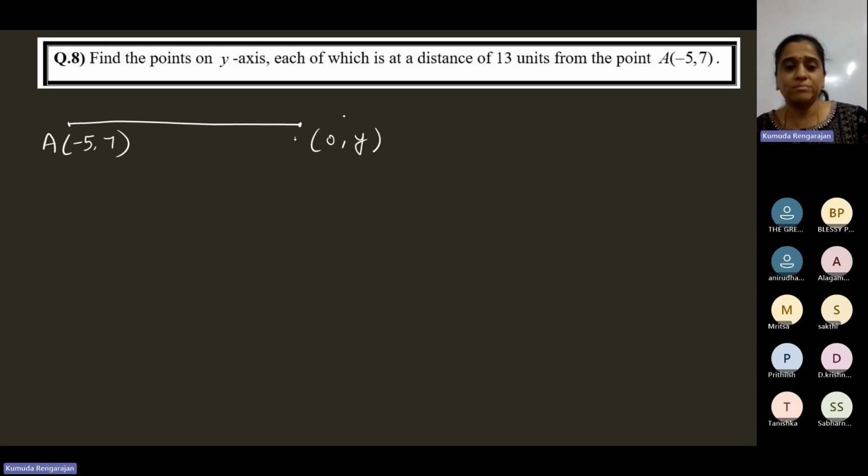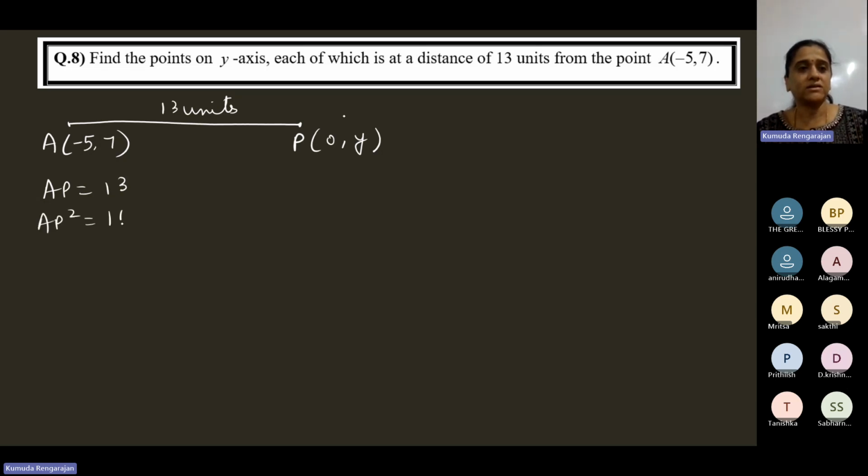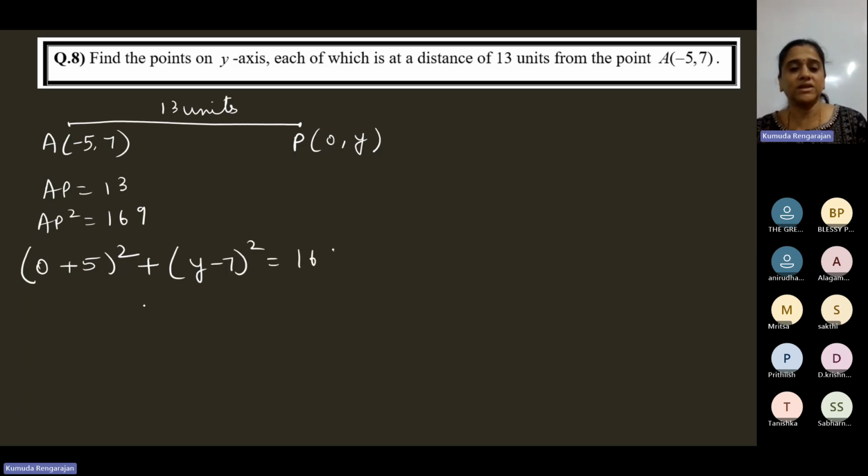Now let's call this P. The distance between A and P, 13 units. So AP is equal to 13 or AP square is equal to 169. So the difference between the x coordinates, 0 minus 5, plus y minus 7, the whole square is equal to 169. Please work this.